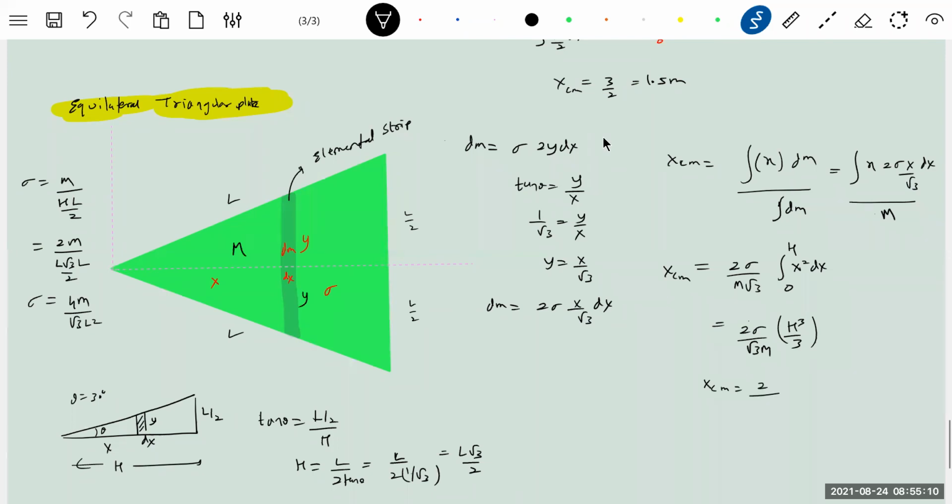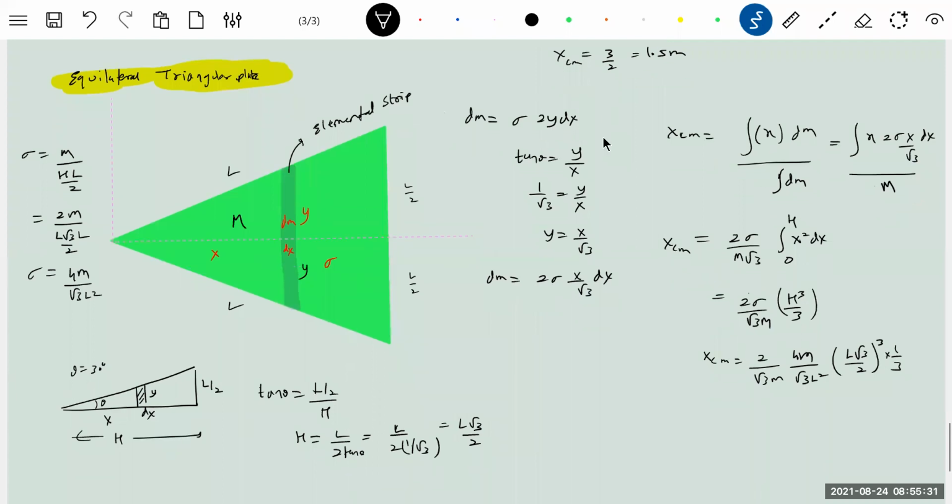So I think we have assumed so many things. What is sigma? 4m by root 3 L square. What is h? h is L root 3 by 2, whole cube, with the 1 by 3 also there. Can anybody give the value of xcm?